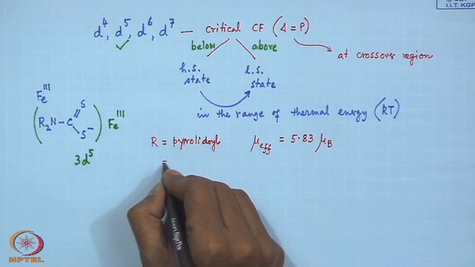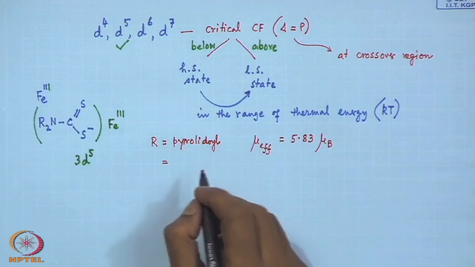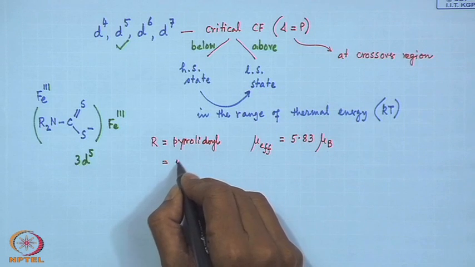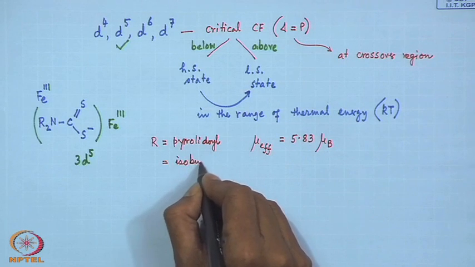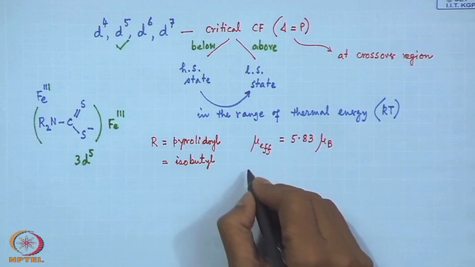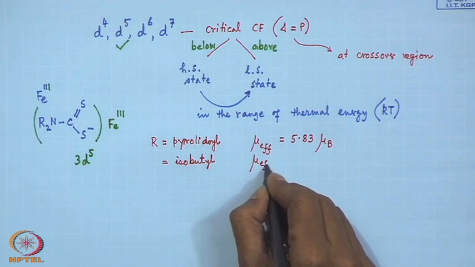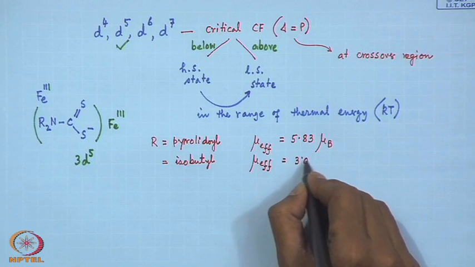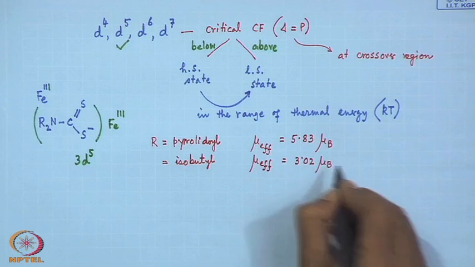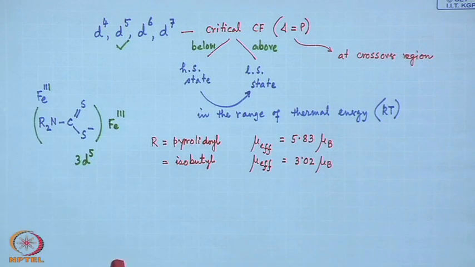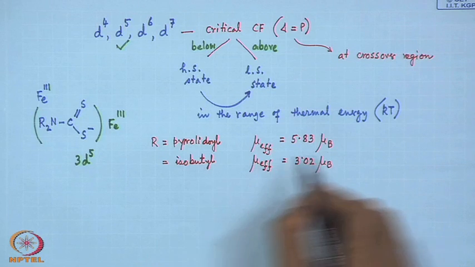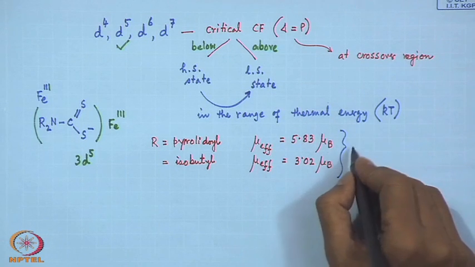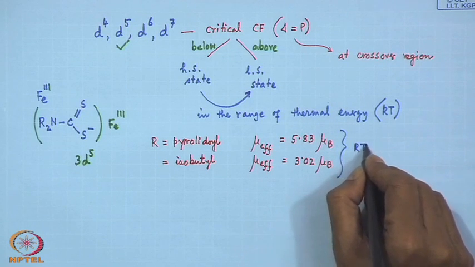But if we change the R group from pyrrolidoyl to isobutyl, the mu effective value for the same compound would be 3.02 Bohr magneton. So simply by changing the R group, we get two types of magnetic moments when we measure at room temperature.